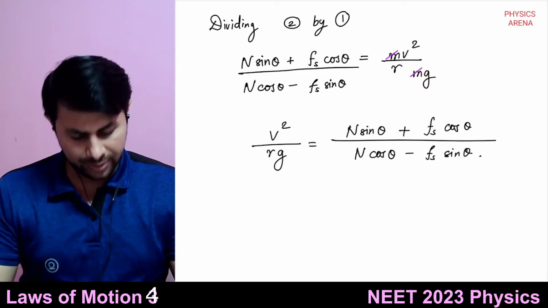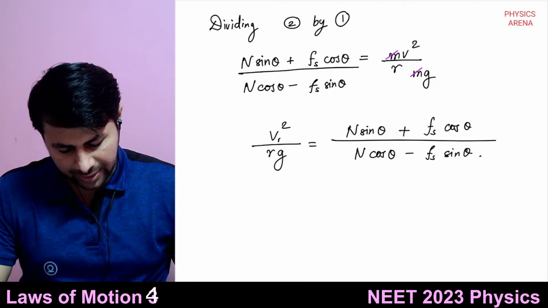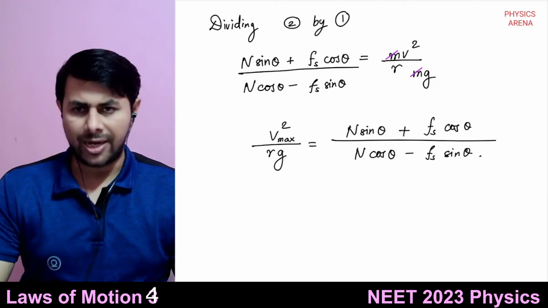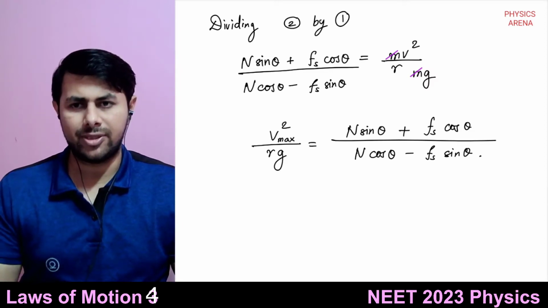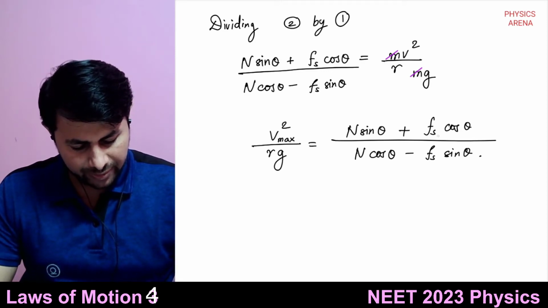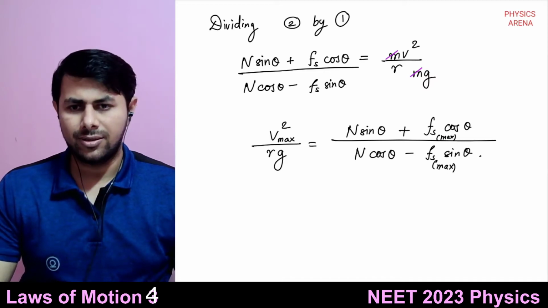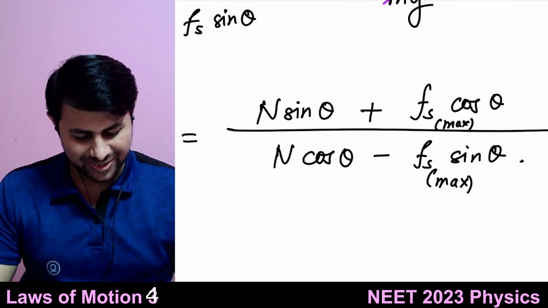And I want the maximum safe speed, so on the left hand side I will write v max. This will be Fs max, right? Can you see that max?